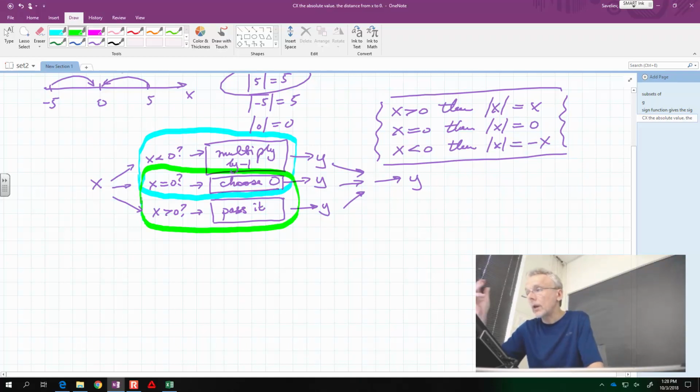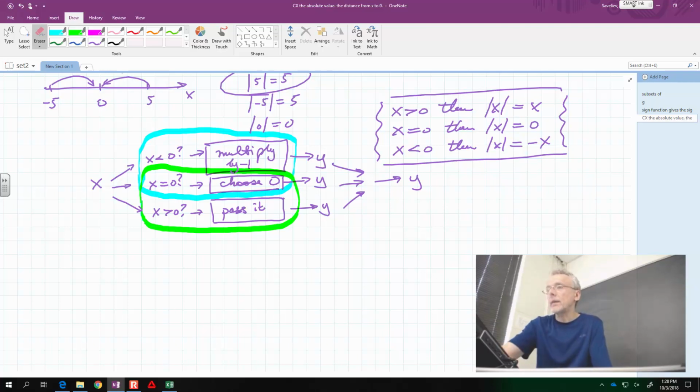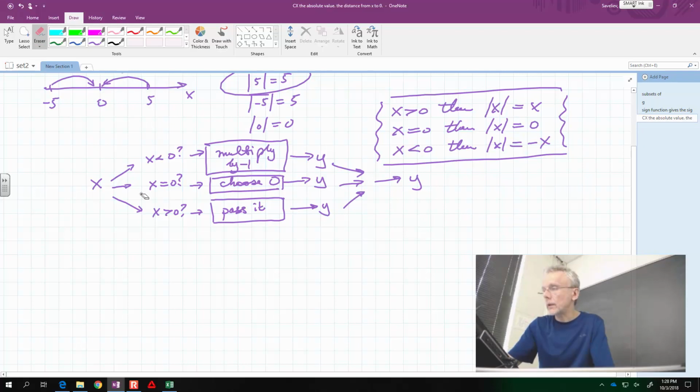The case of x equals 0 can be included in either case 1 or case 3. Either way, you multiply 0 by -1, you still have 0, or you do nothing in case 3. So it's a possibility, even though not that important. You can just as well keep the previous definition.